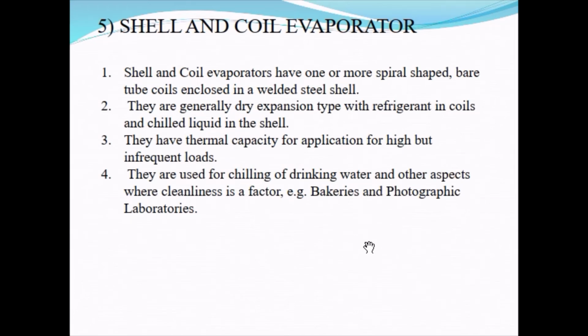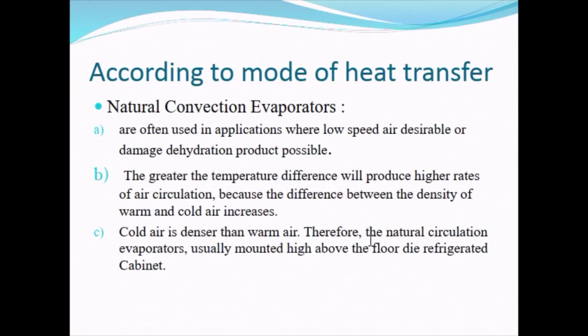These are the applications. According to the mode of heat transfer, natural convection evaporators are often used in applications where low air speeds are desirable or dehydration damage to the product is possible.